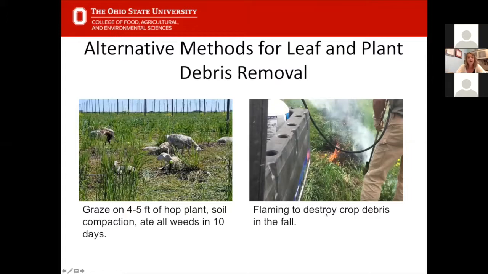And then in terms of getting rid of your crop debris in the fields, flaming is an option. So those are a couple of alternatives being looked at for downy mildew, and for weed removal, and maybe there's some type of impact on getting rid of viruses. But again, those are alternative strategies.